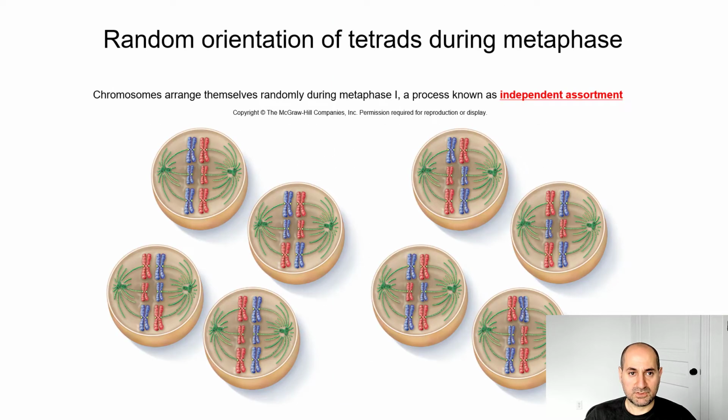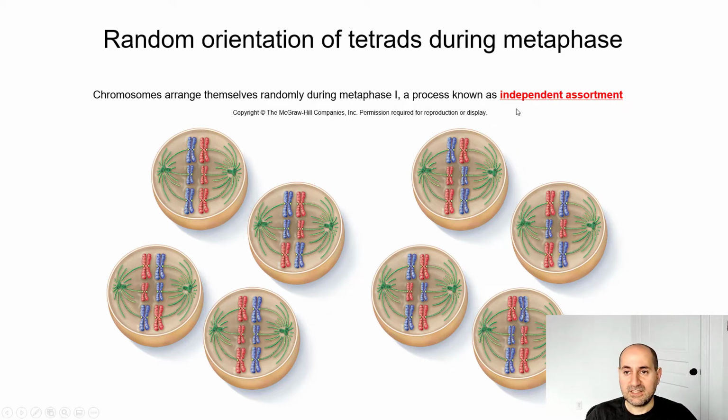Great. And then what happened during metaphase 1? I want you to know that during metaphase 1, the tetrads line up at the center of the cell. And by what process do the tetrads line up at the center of the cell?